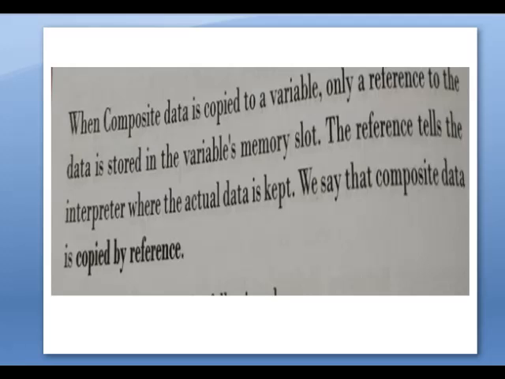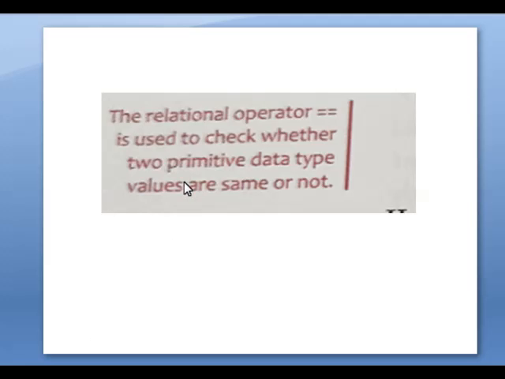The next one is the relational operator. We all know about this relational operator. This relational operator is used to check whether both the conditions are equal. Here in primitive data type, the relational operator equal to is used to check whether two primitive data type values are same or not.